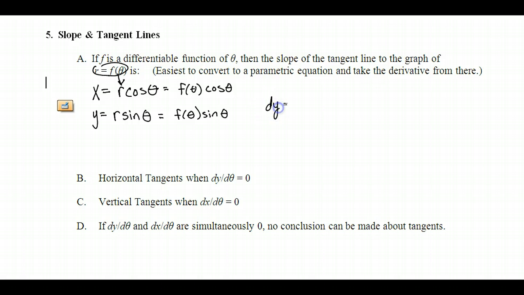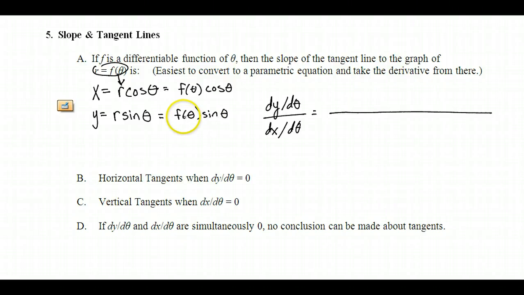Now when I take the derivative of y with respect to theta, that will be the numerator, divided by the derivative of x with respect to theta, because it's just our basic parametric equation, and this is how we find our derivative. Well, y's have to go in the numerator. Here you'll end up using the product rule, because you'll have f of theta here, and then you have this sine of theta. Well, product rule is really easy to use.